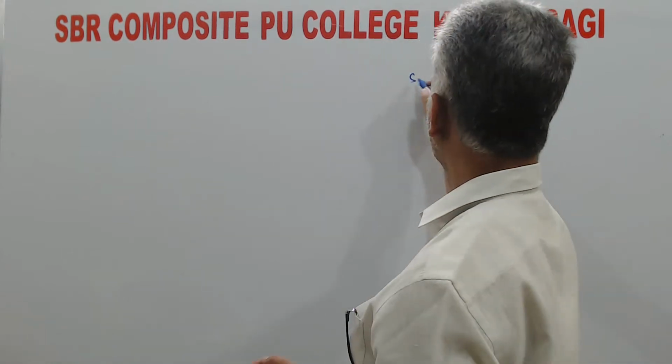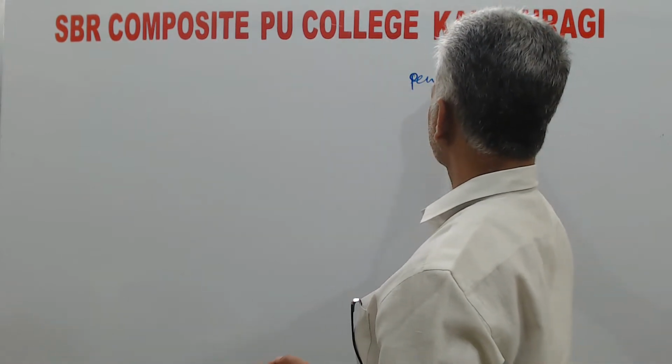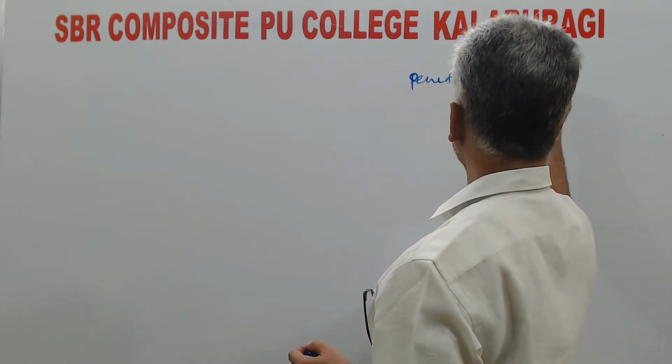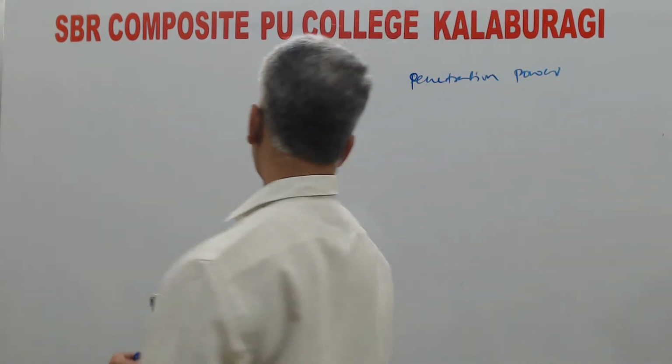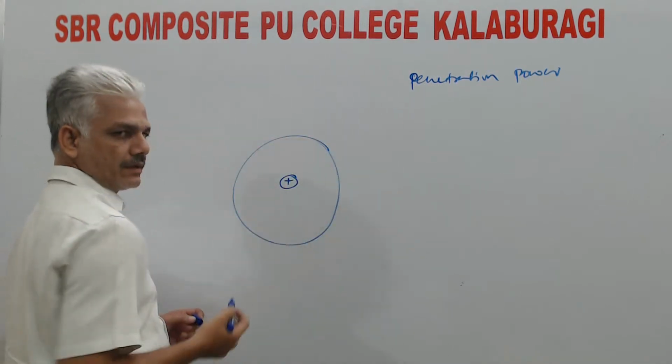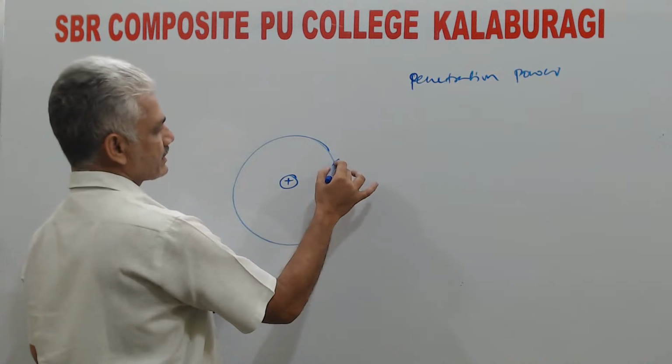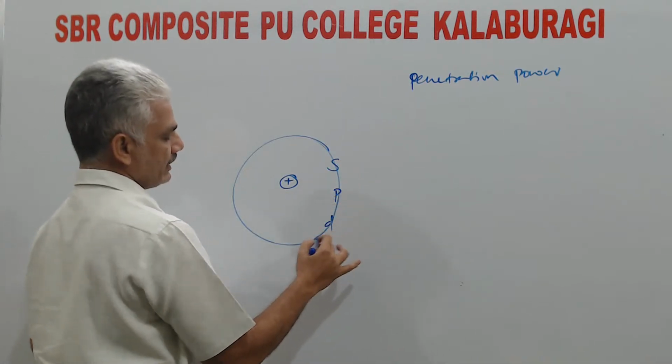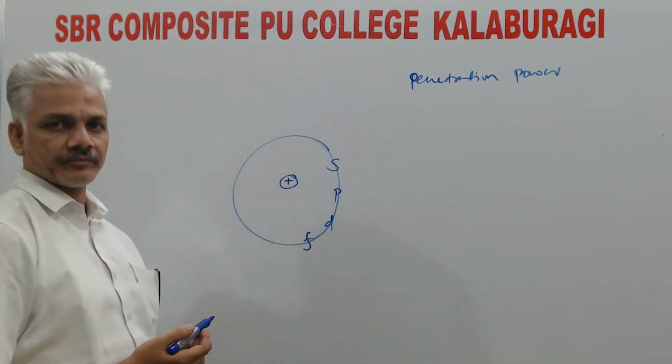Penetration. One of the doubts raised is regarding penetration power. Suppose this is the nucleus and this is an orbit. In this orbit, there are S, P, D as well as F subshells.